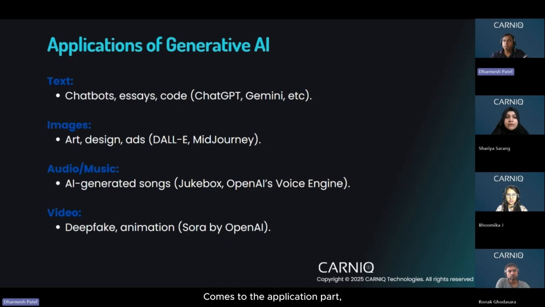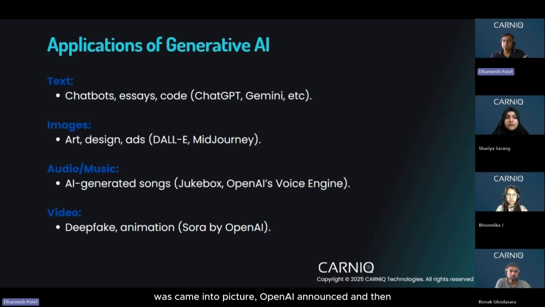Coming to the application part. For applications of generative AI, there are different use cases and different applications. We might have already seen many tools being developed by different organizations. One of the applications is text, so chatbots. This became very popular when ChatGPT came into the picture.